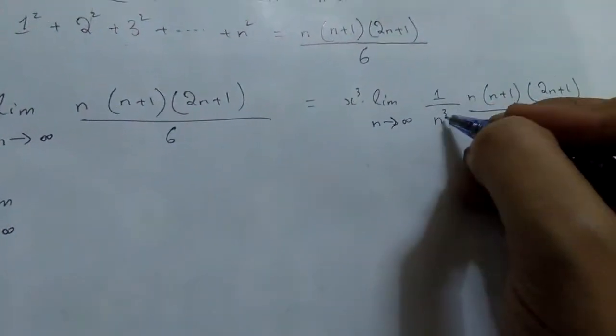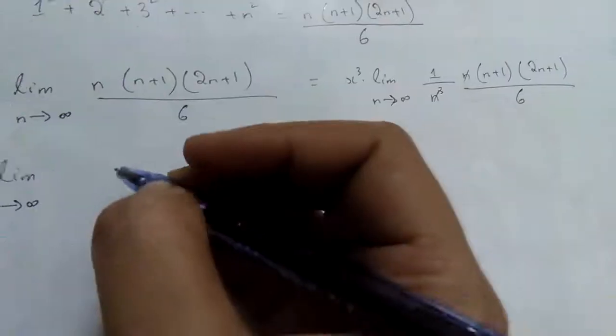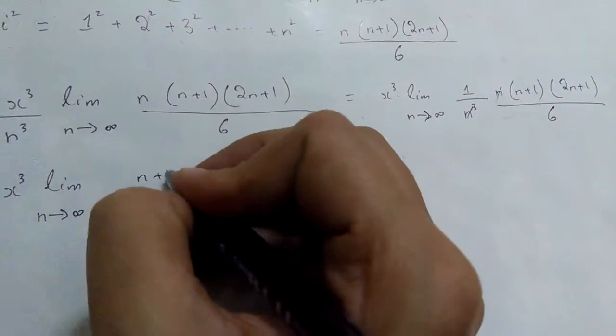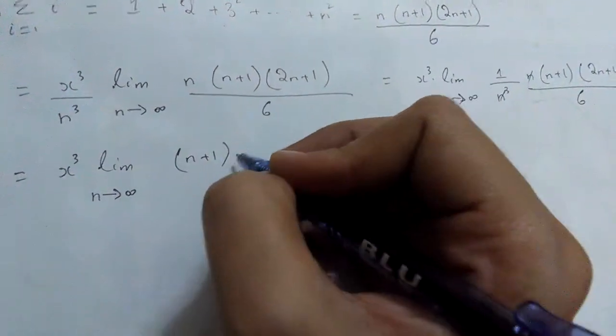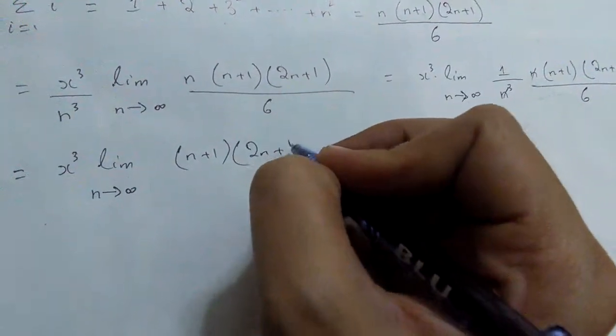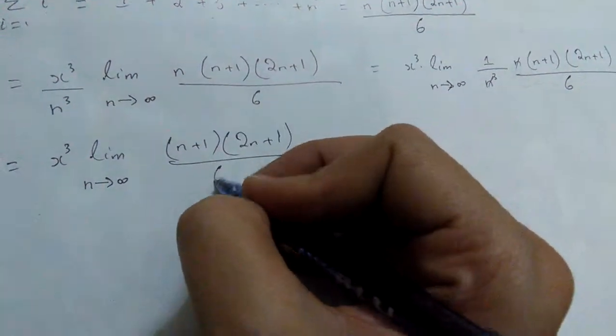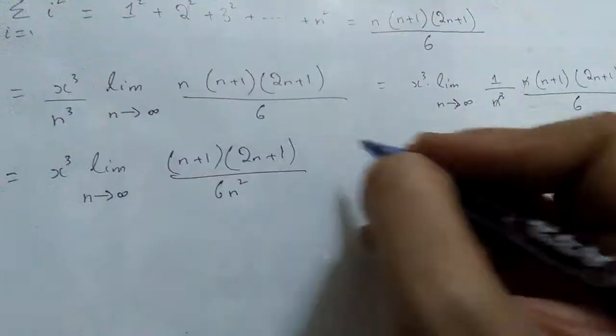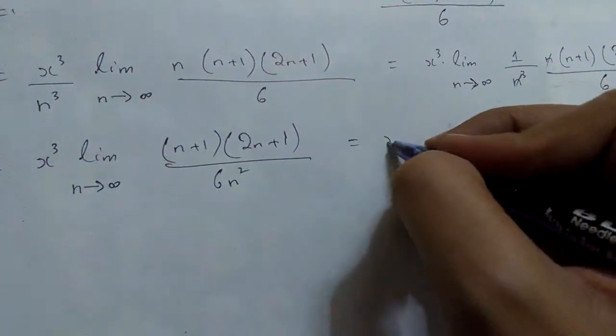If I simply cancel out one n with one n, I am simply having (n plus 1) times (2n plus 1) upon 6n squared. Okay, let us multiply this thing. Let's see what we have here.